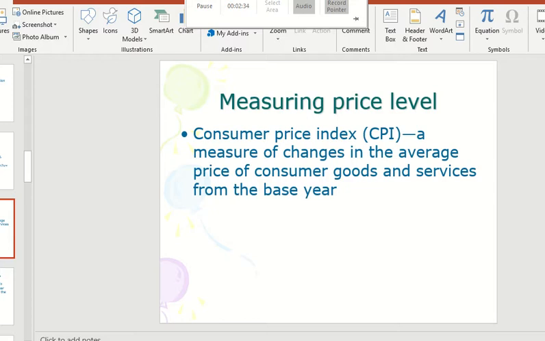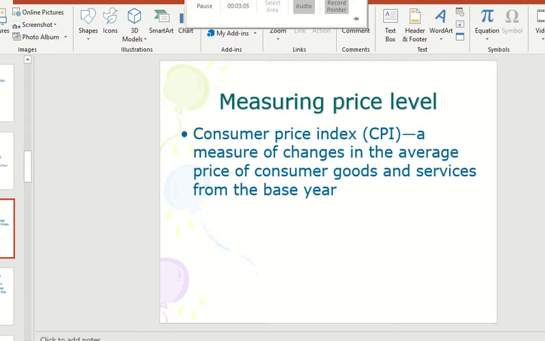That's a consumer basket, a consumption bundle. Then they try to find the weight of each item in the basket: how much they spend on food, how much of their income is spent on transportation, how much on health insurance, and so on.